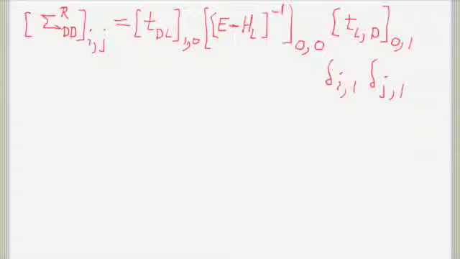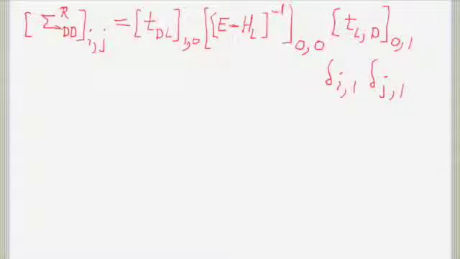So the only non-zero matrix element of this sigma due to coupling to the left lead is just the 1, 1 matrix element, as we did before in our simple tight binding model. And now we've gone through this much more generally.